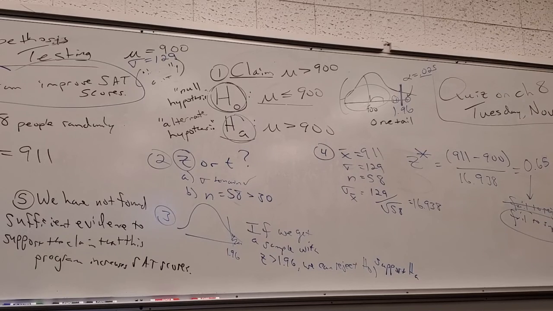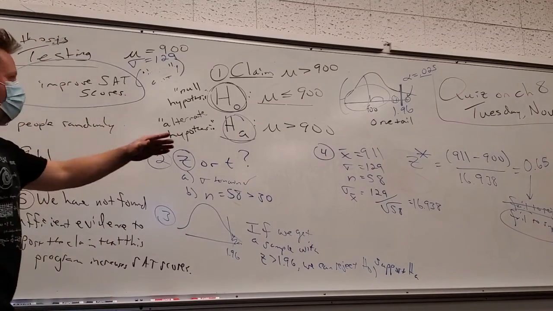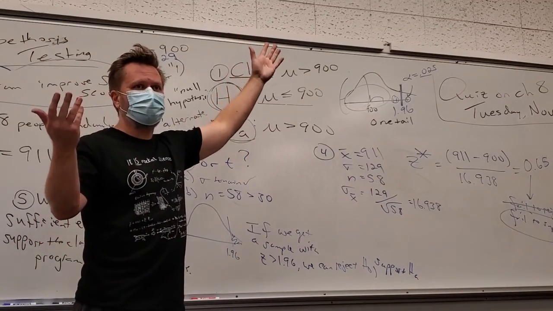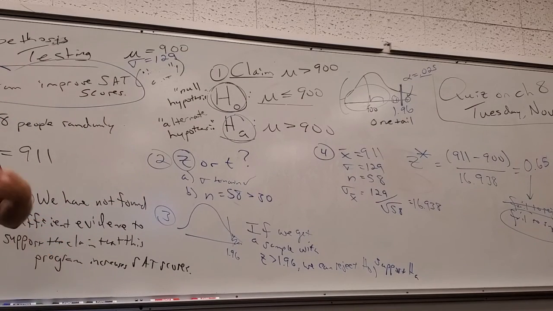So the z-score would have to be more than 1.96 in this case? Yes. If we would have gotten z star to be 2.07 or something, we would have said we have found sufficient evidence to support the claim. And then I could have made my commercial and said it's been clinically proven to improve your scores.